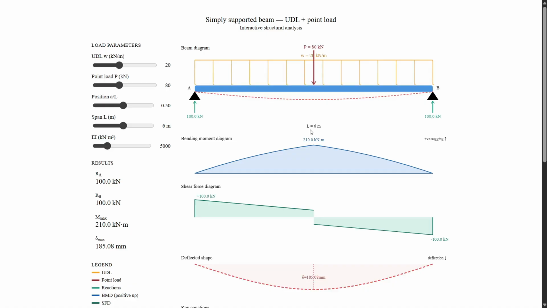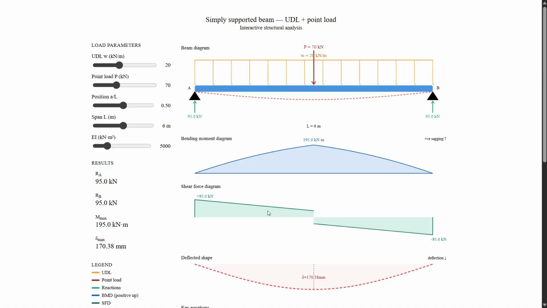Your beam section has to be able to resist this moment, otherwise it fails. Notice how moving the point load away from the center shifts where the peak occurs and also changes its magnitude. The tool tracks that automatically and you can see it update in the results cards on the left.